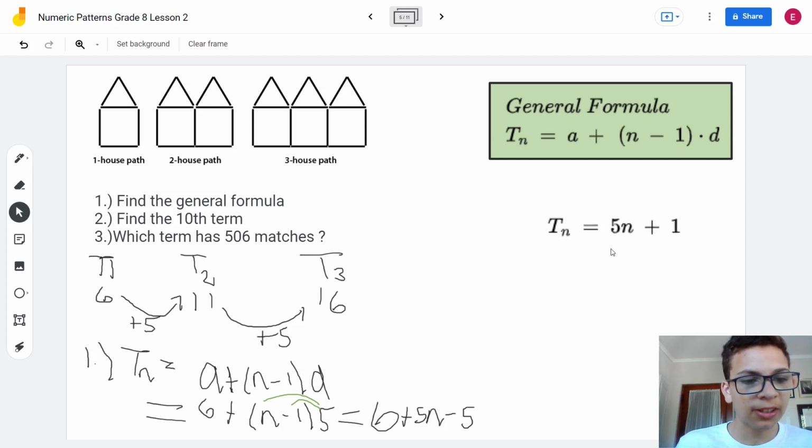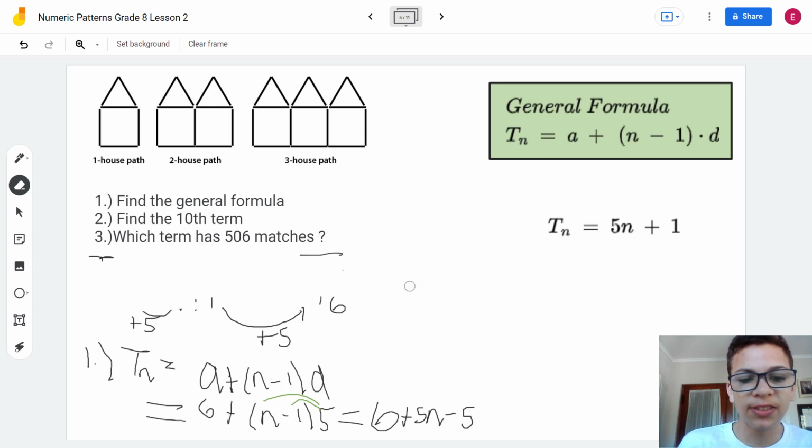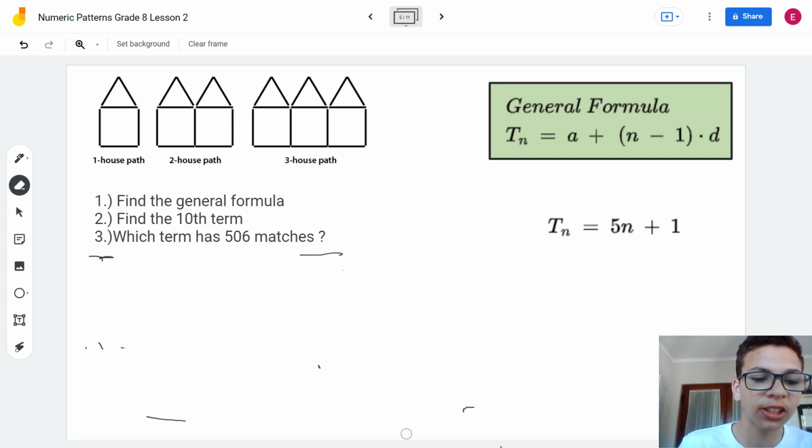Cool. So we found the general term. Tn equals 5n plus 1. And you can even check it, right? When you get the general formula, you should always check your answer with the terms that they give you. So let's try to find T1 again.